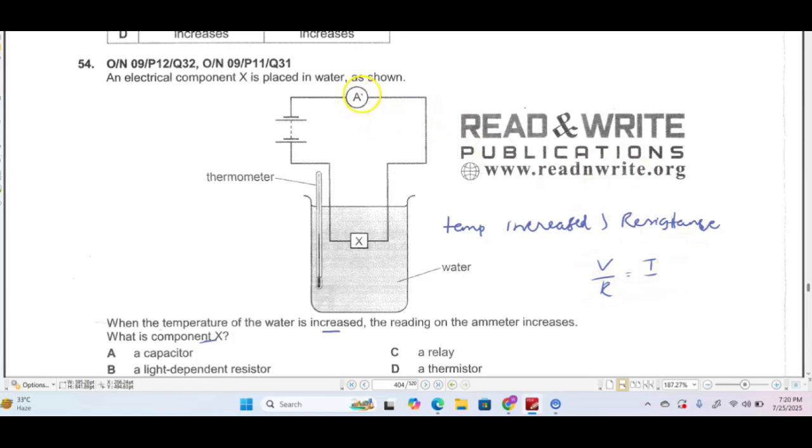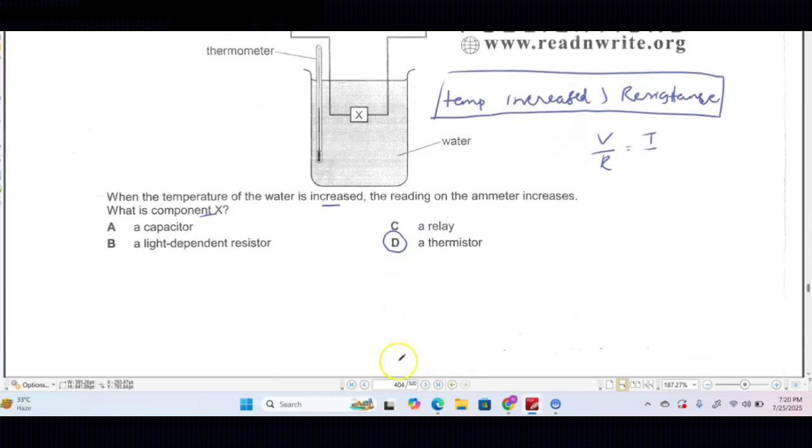That is why the value of the ammeter is increasing. So this temperature sensitive component is a thermistor. So D is our correct option.